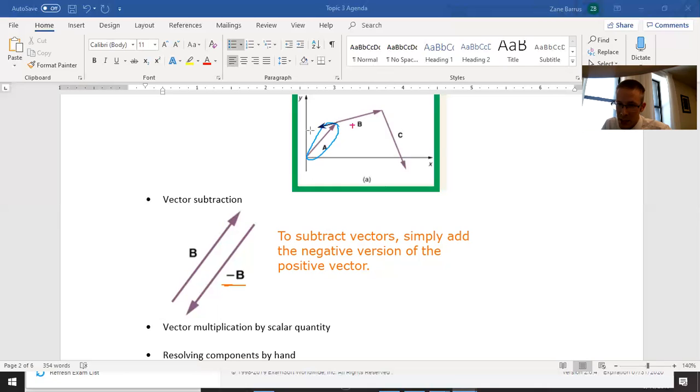So I'm going to go out to there. So that blue arrow I just drew, this is the negative B version of that. So this is a negative vector B. So that's how we subtract. We simply add the negative of the vector we're interested in. Okay? So once again, to subtract vectors, simply add the negative version of the positive vector.